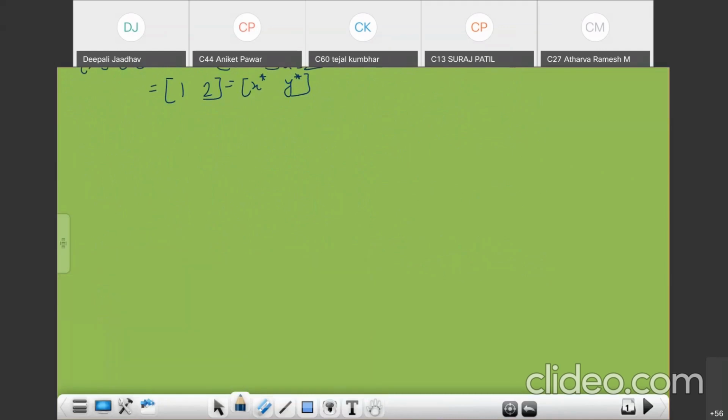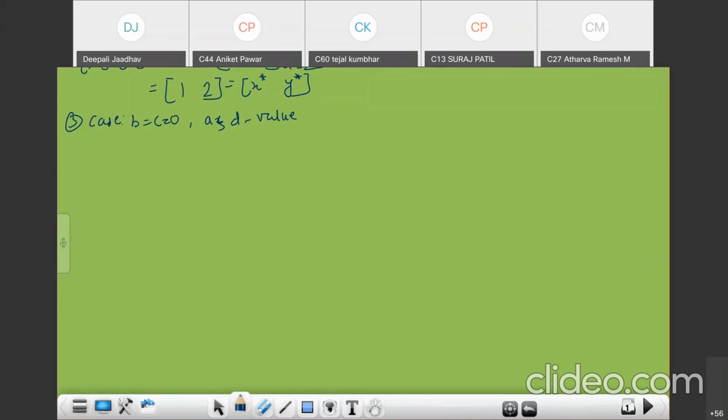Now the next one, that is the third case. b is equal to c is equal to 0, which means the off-diagonal points are 0, and we have to assign some value to a and d. Both have some value.